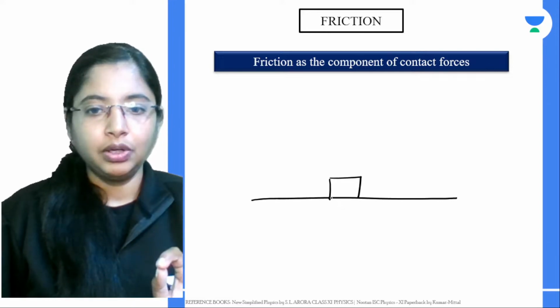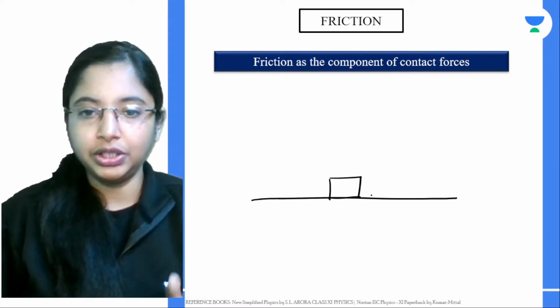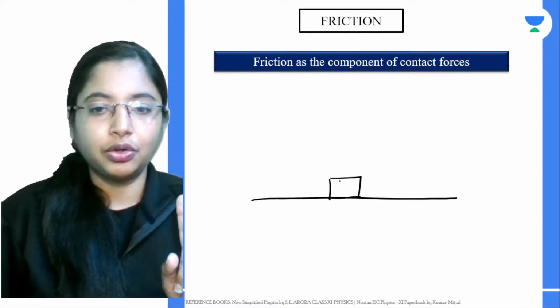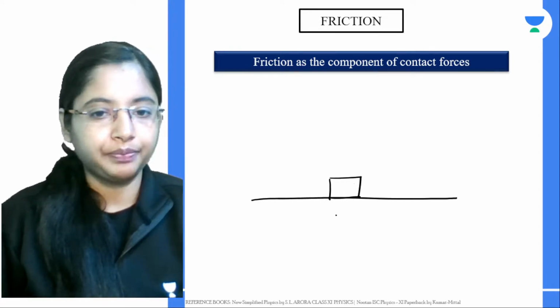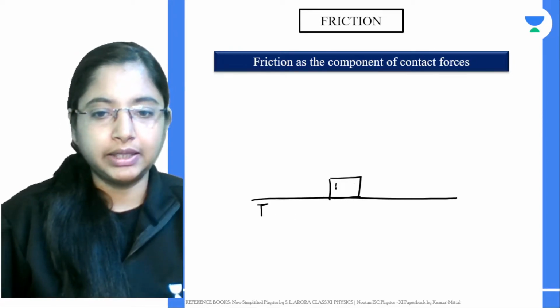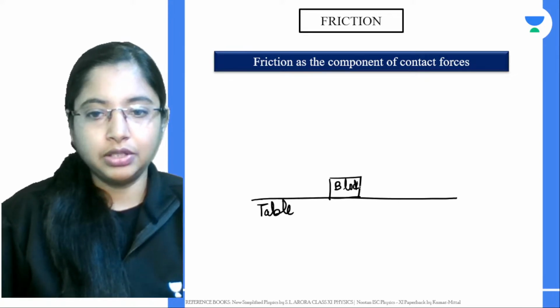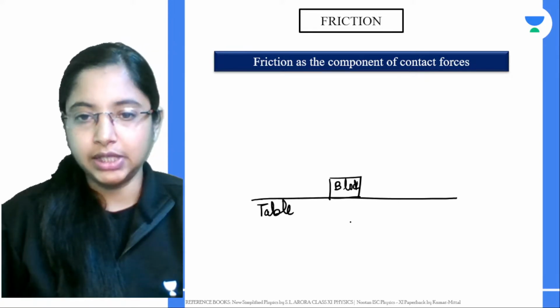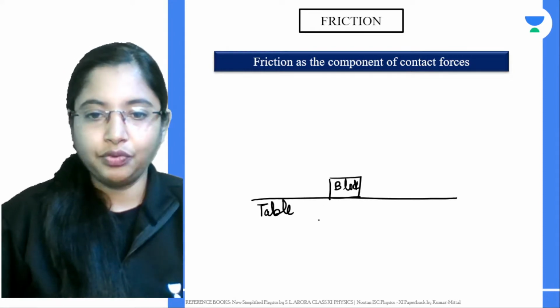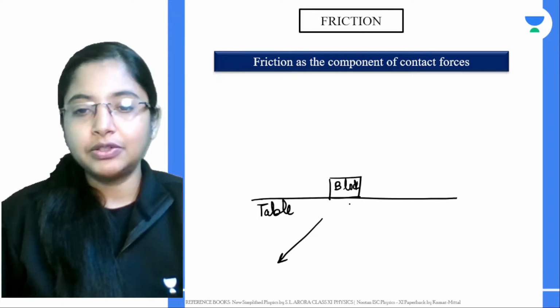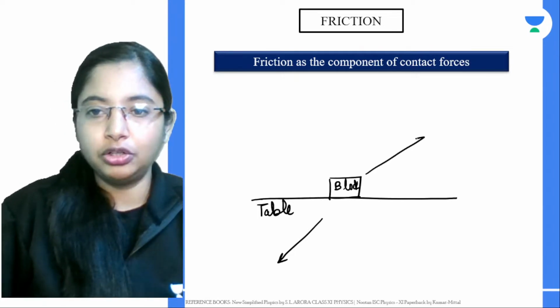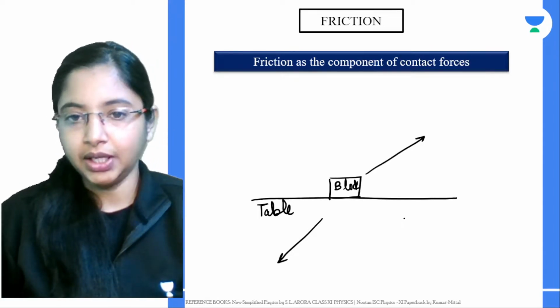According to Newton's third law of motion, this block is going to exert a force on the table. Let's say this is a table and this is a block. This wooden block exerts a force on the table, so there is a force acting from the block to the table. Now, the table is going to exert a force on this block.